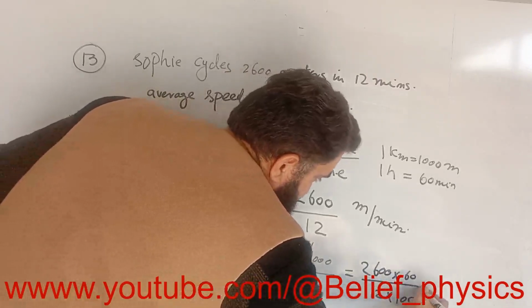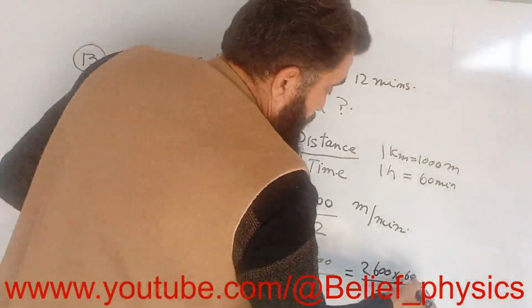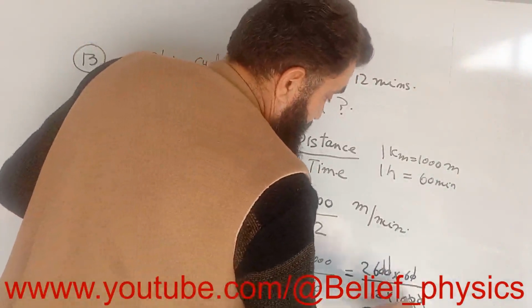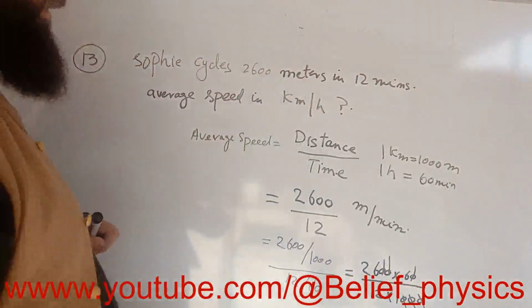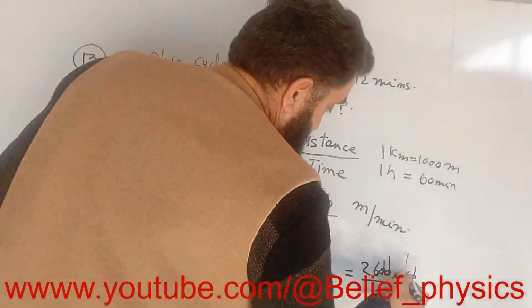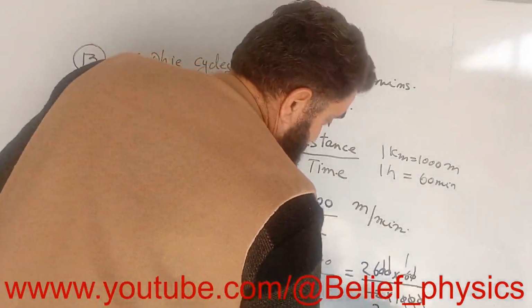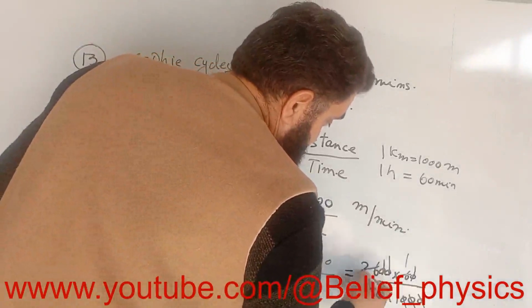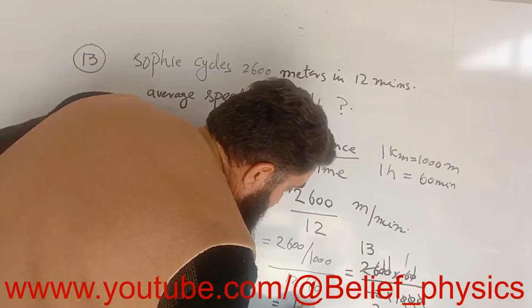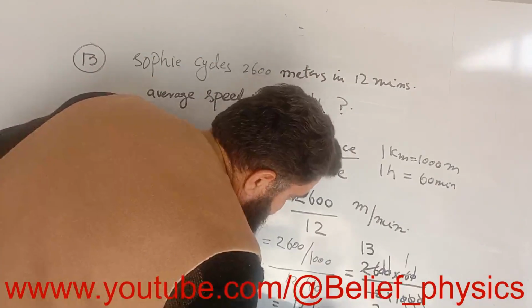Now we have to work it out. Look at it. This 0 is gone with this 0, this 0, this 0, this 0, and this 0. Now we have 26 over 12. Also 6 ones are 6 and 6 twos are 12. 2 ones are 2, 13s are 26. So the answer will be 13 kilometers per hour.